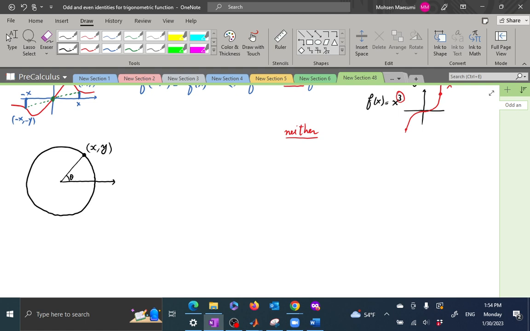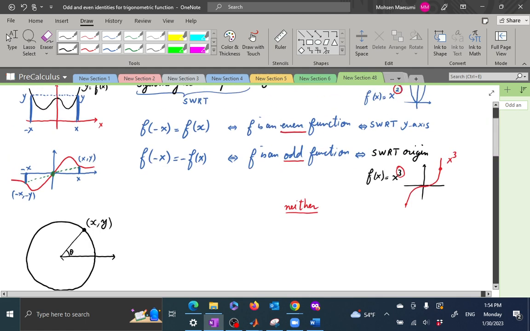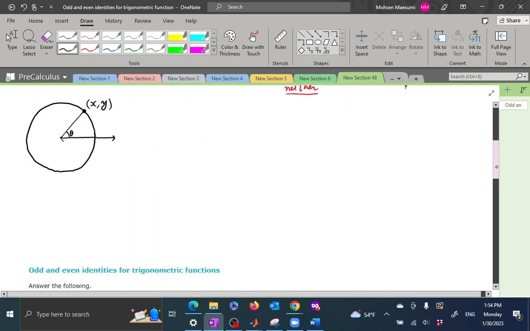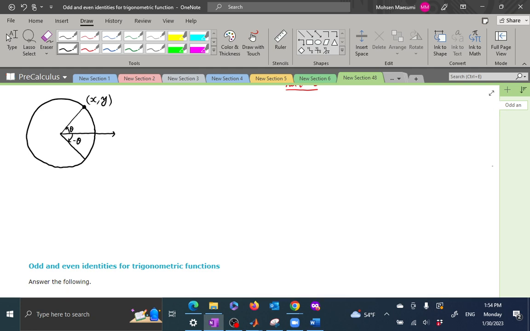Well, what if I come to the equivalent of going from x to minus x that we had in these pictures. Here we are going to go from theta to minus theta. So all that we are doing is opening the angle in the other direction. One of them you can call counterclockwise, the other one is clockwise, and of course if you go this way, x is the same but y is now negative. Is that right?